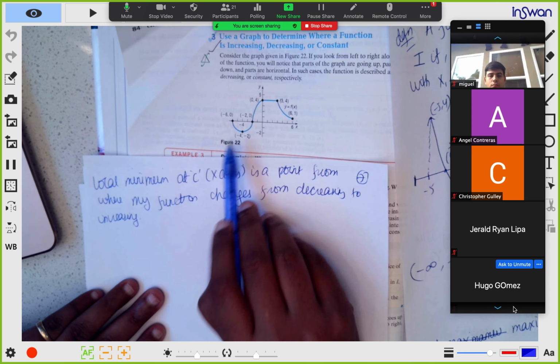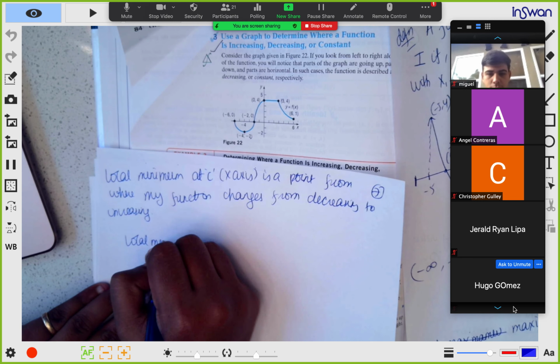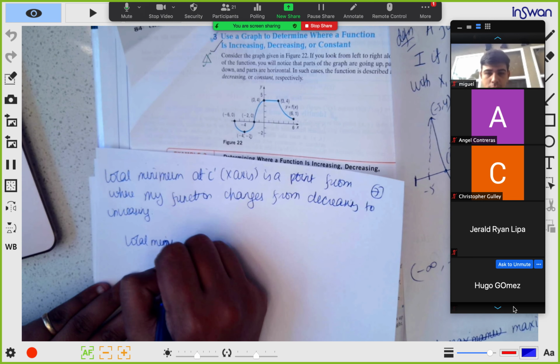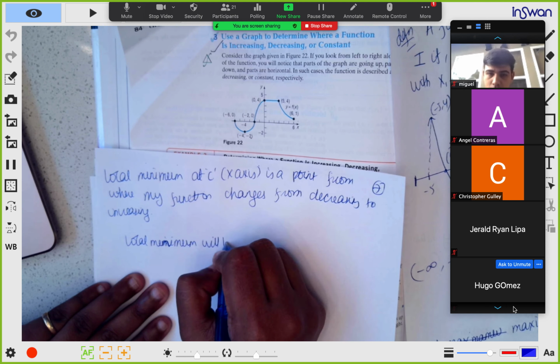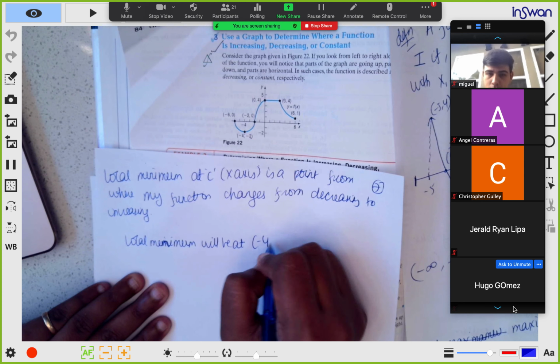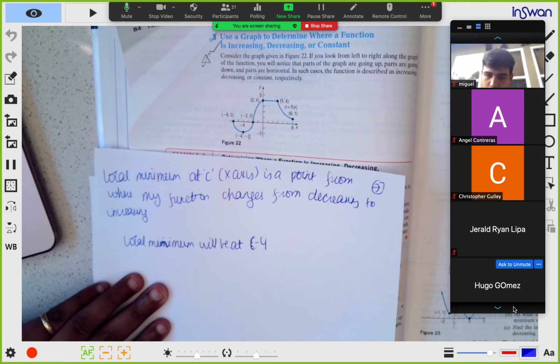So in this case, the local minimum will be at -4. And what's the value of the local minimum?